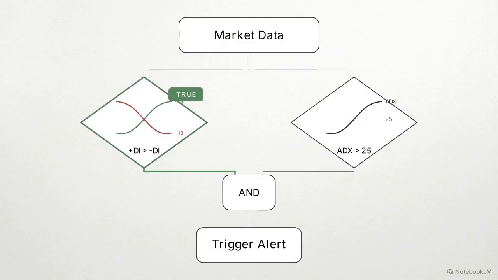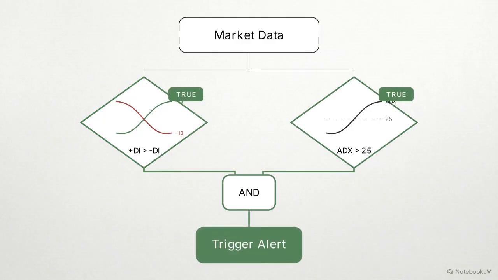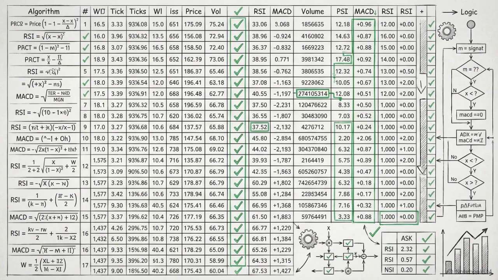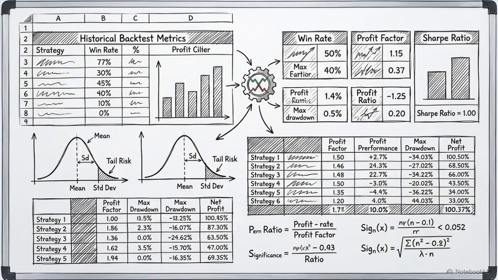The logic runs: if plus DI crosses above minus DI and the ADX is greater than 25, then trigger the alert. This strict computational filter immediately eliminates discretionary bias from the screening process. True quantitative trading relies on algorithmic filtering. Every capital allocation is backed by empirical data, not emotion or guessing.